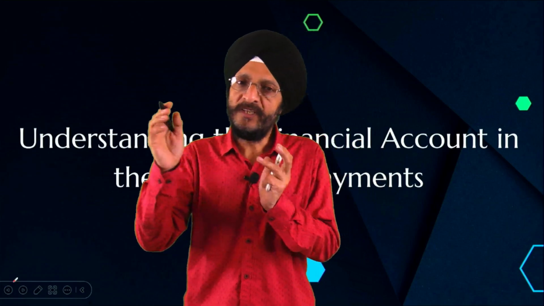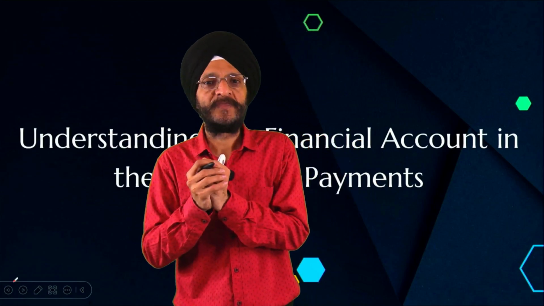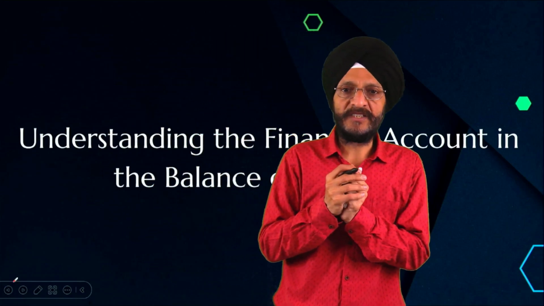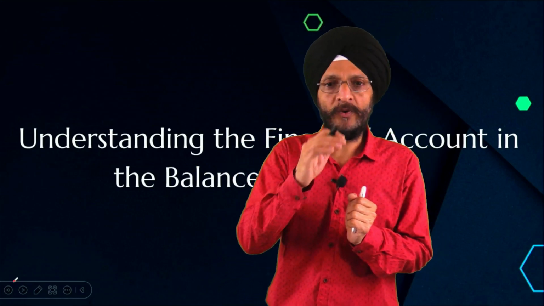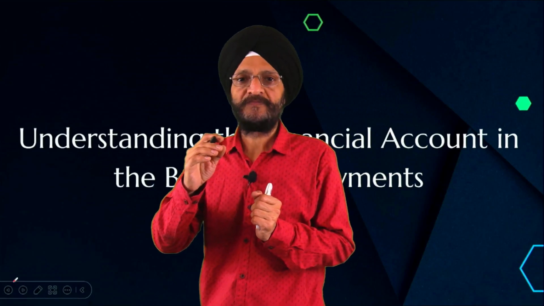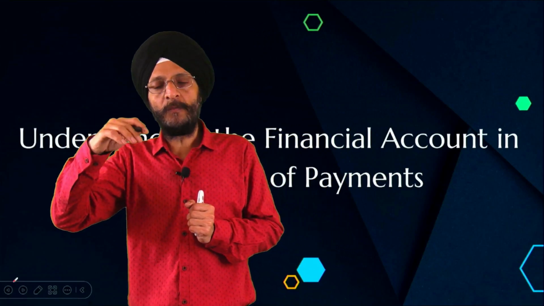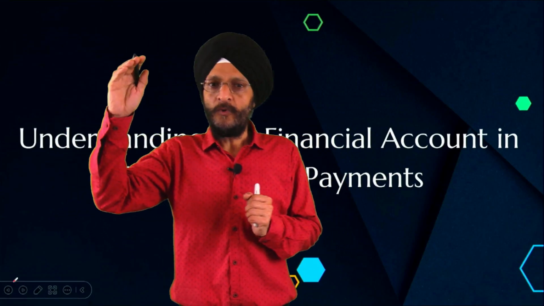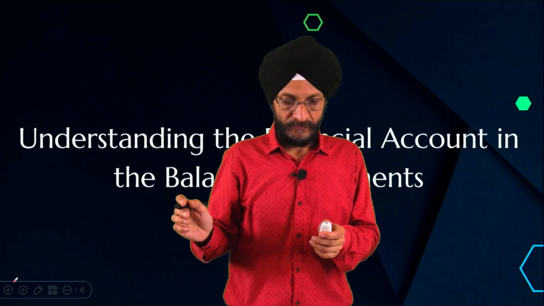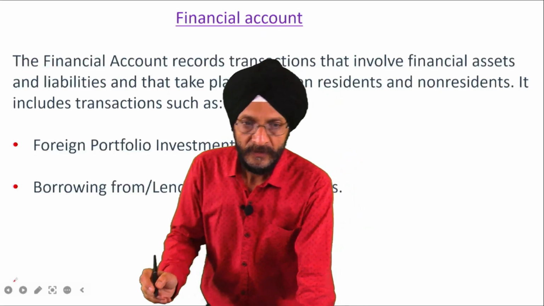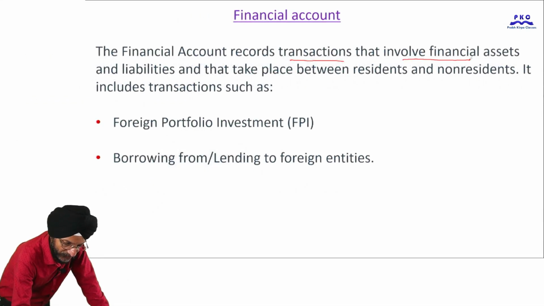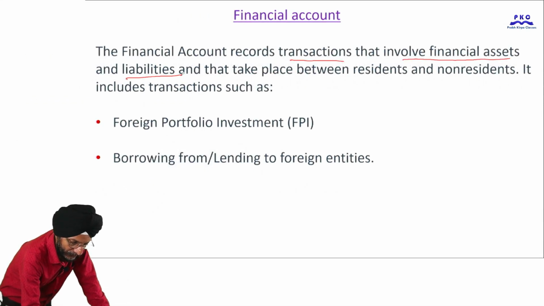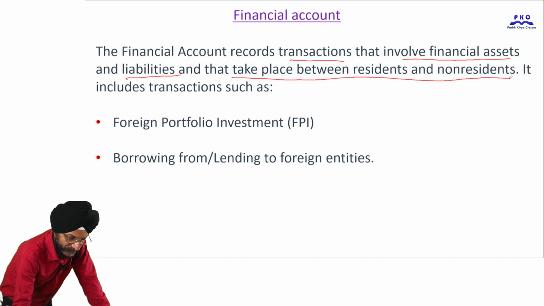Now, in the case of financial account, we record the transactions pertaining to foreign portfolio investment and borrowing and lending from and to foreign institutions. Financial account records the transactions that involve financial assets and liabilities between residents and non-residents.